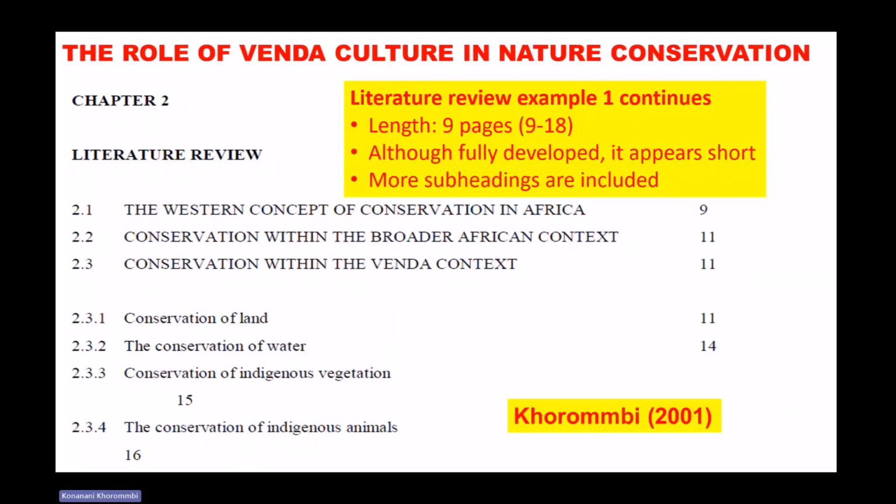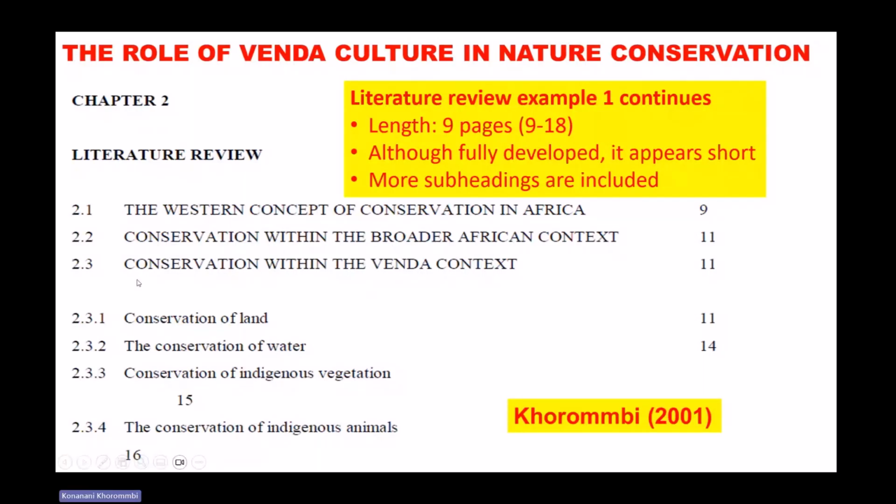The research approach that was used here was a mixed research approach. So here we've included a lot of headings and even subheadings. For example, under 2.3 you've got 2.3.1 to 2.3.4, because here we were trying to unpack those elements of the environment, and therefore we discussed conservation within the Venda context.